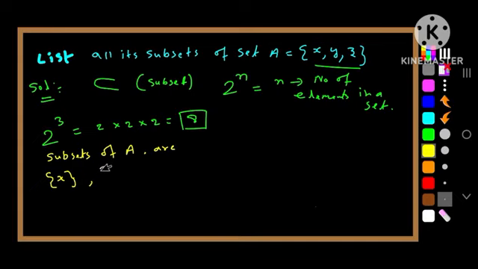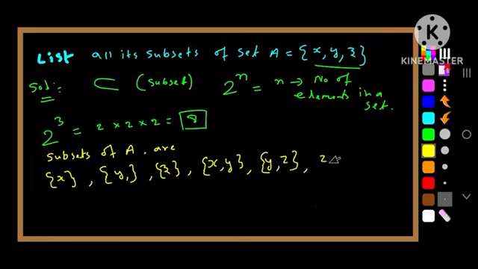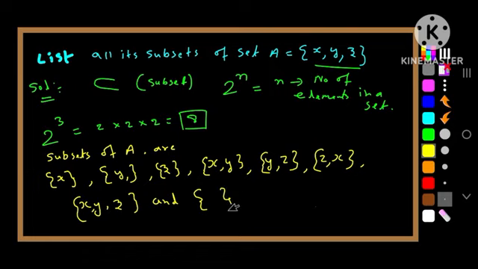X is one subset, y is one subset, z is one subset, x, y is one subset, y, z is one subset, z, x is one subset, x, y, and z is one subset, and null set. So this represents null set.